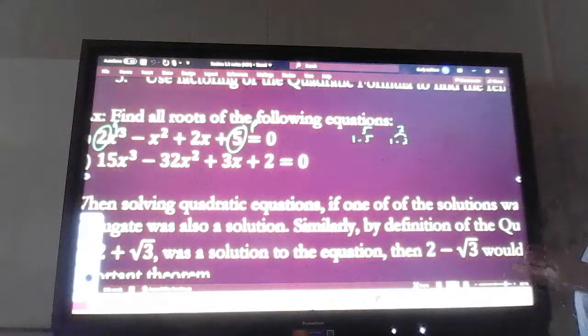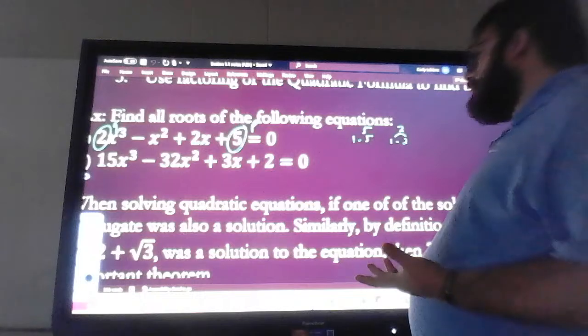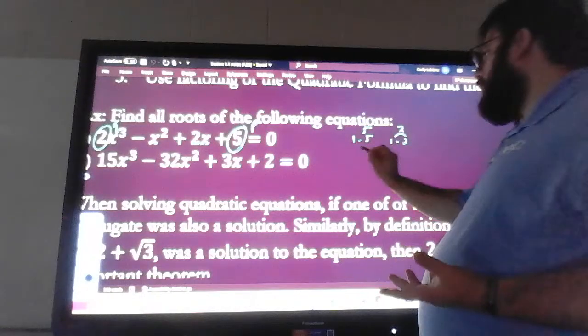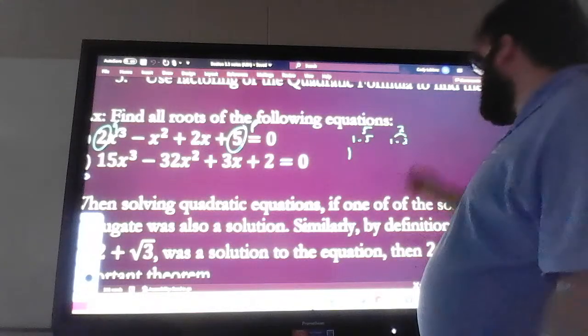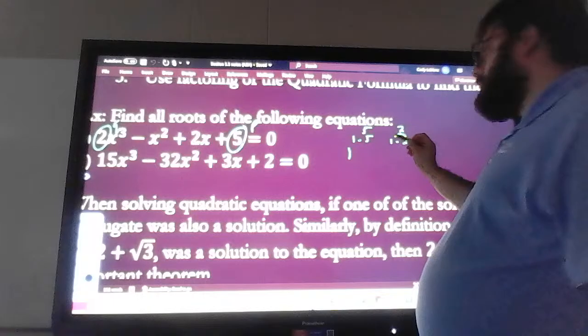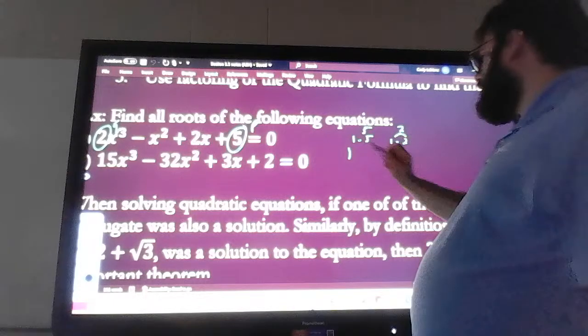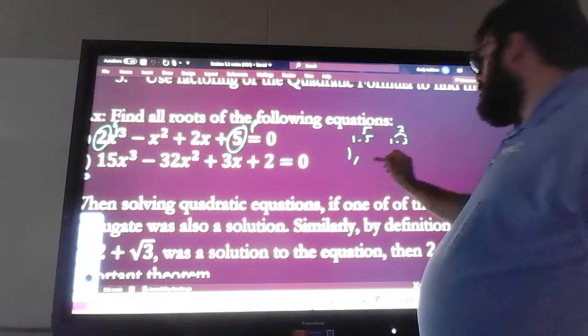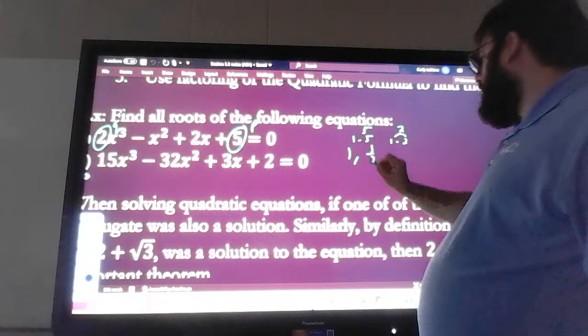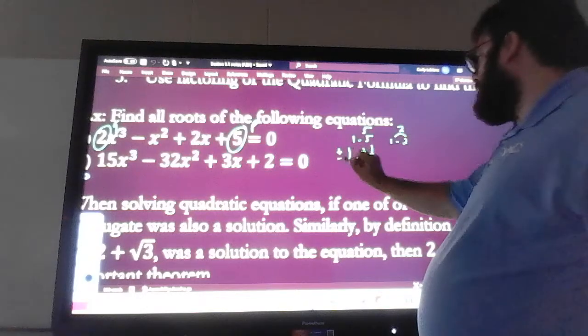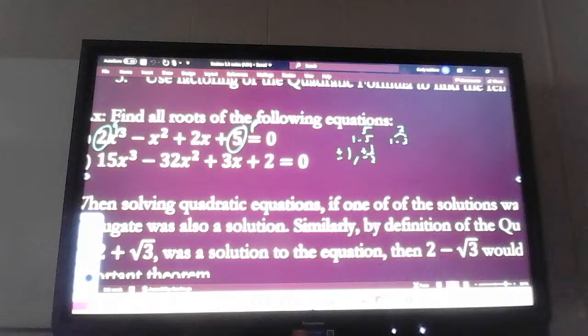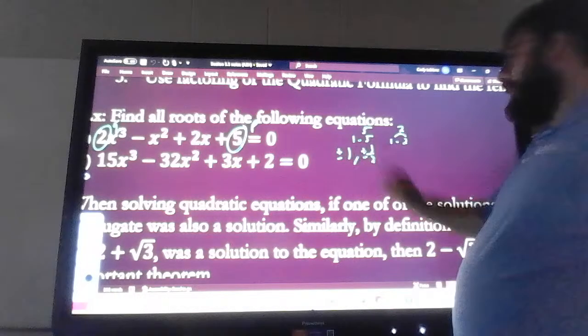So let's suppose that my p is 1. That means my q could either be 1 or 2. So that's 1 over 1, or 1, and then 1 over 2, or 1/2. And keep in mind, for every one of these combinations we find, we have to include either plus or minus.